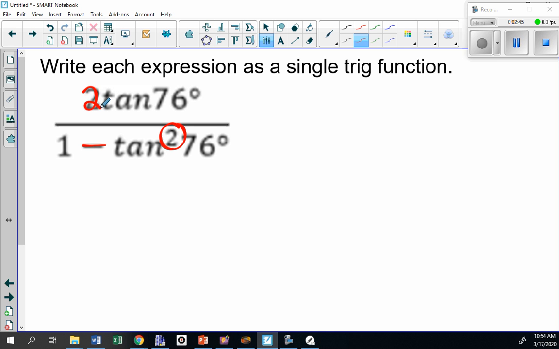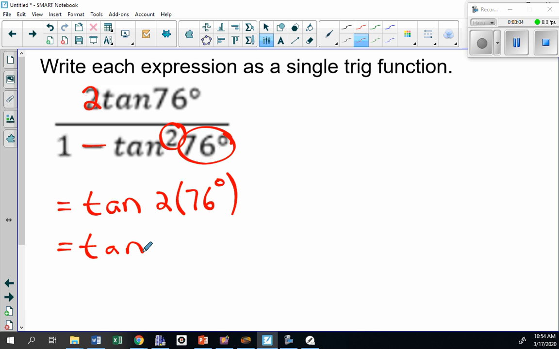So we go and look on our formula sheet. And that squared here is coming from the fact that it's actually 76 happening twice. So I go and look in that formula sheet. I see, oh, this is actually 2 times whatever our angle is. So in this case, our angle is 76 degrees. And so therefore, tan is equal to tan of 152 degrees.